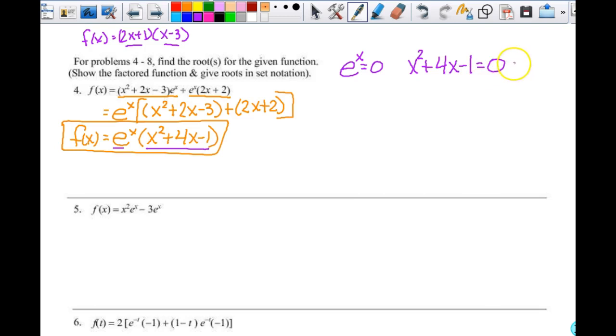Since I can't factor this, what's my other option here? Quadratic formula. Okay, so I'll give you a minute to get this taken care of and solve for x over here.